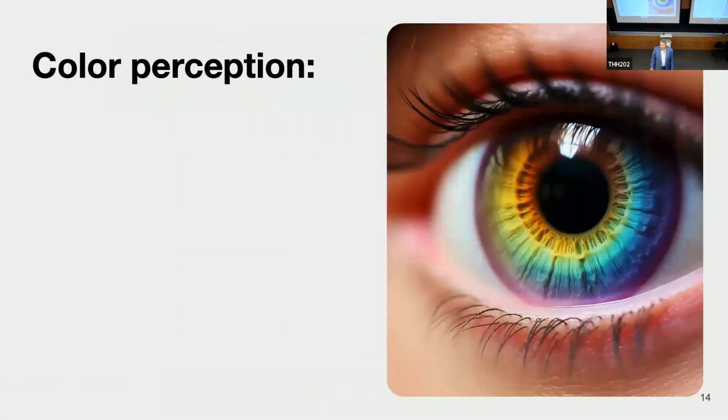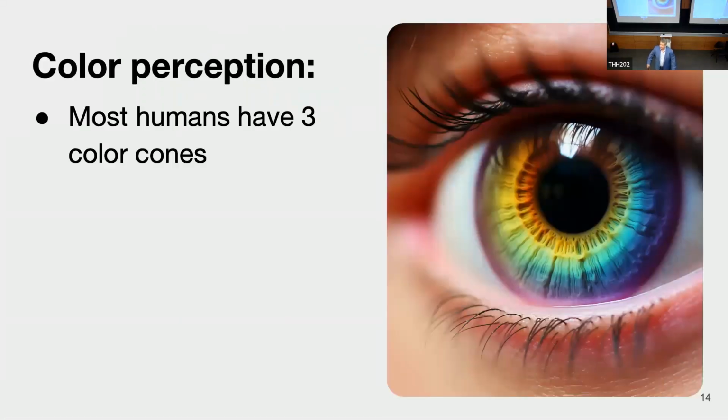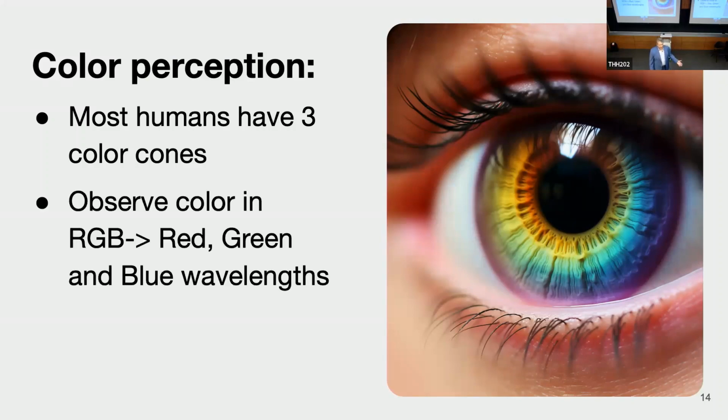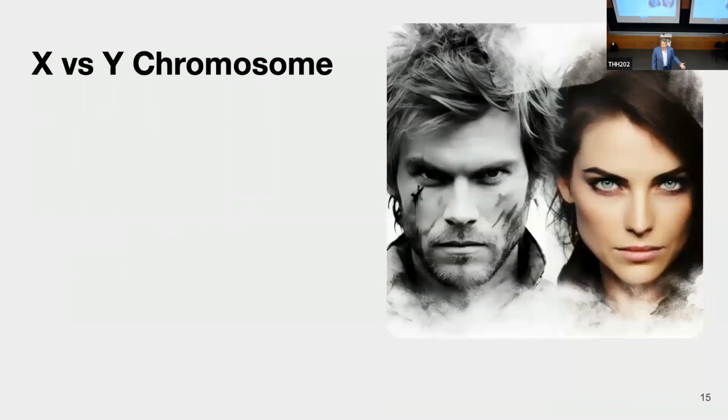And what's interesting about color perception is that most human beings have 3 functional color cones. And therefore they observe color in RGB, which is why all of our screens are RGB, why all of the design tools use RGB, and it's all red, green, and blue wavelengths. But it's about the X and Y chromosome.